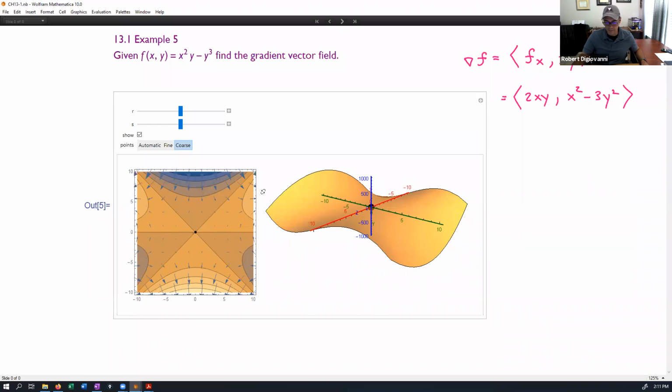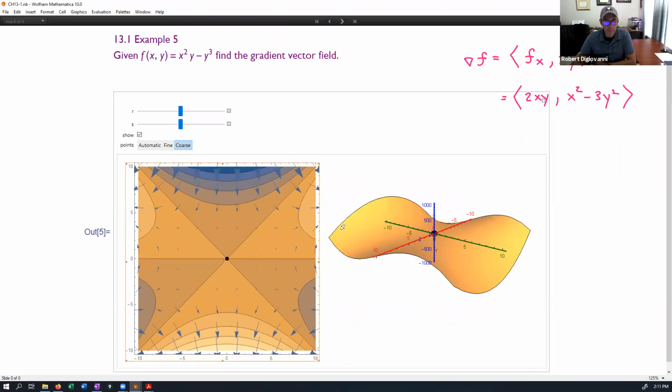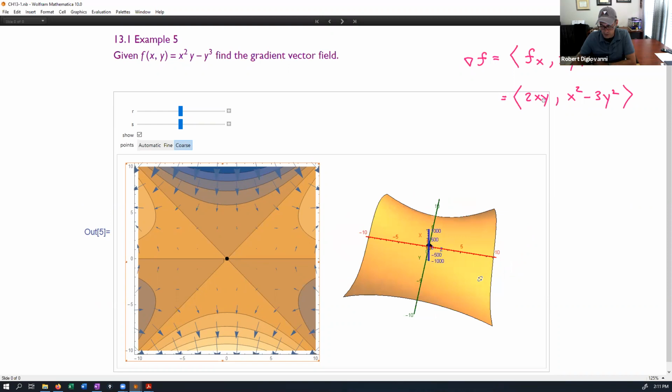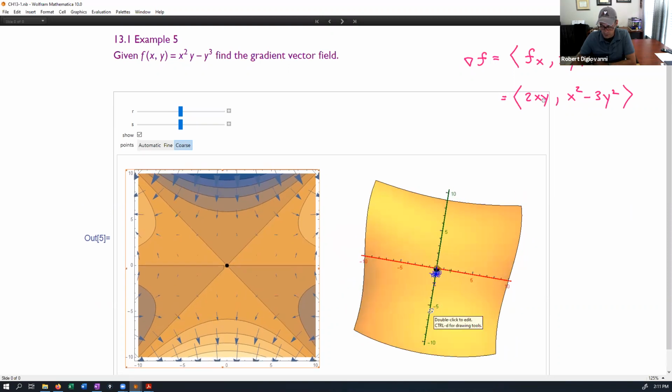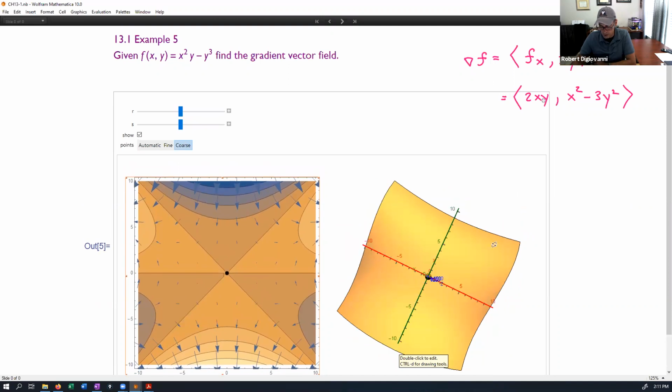Let's make it a little bit bigger for us. Okay. There's our vector field. So I need to turn this so it matches. There we go.